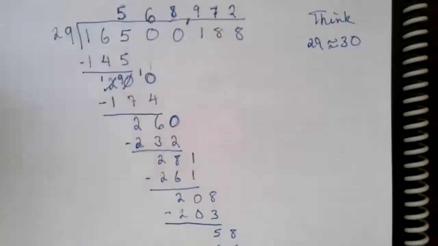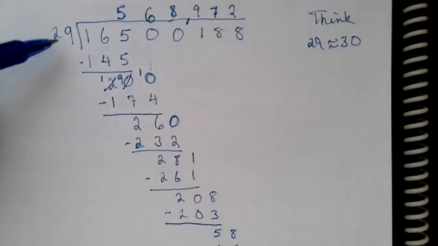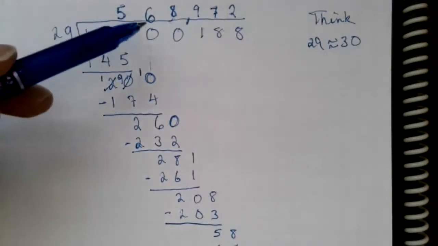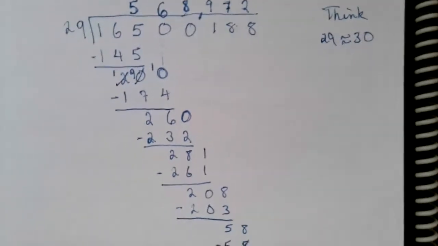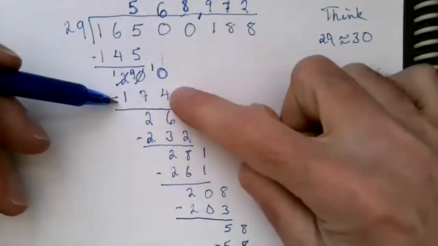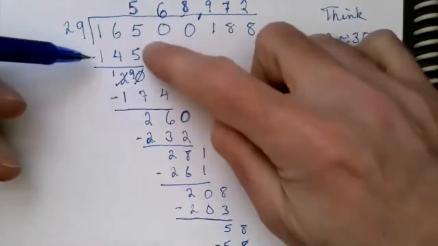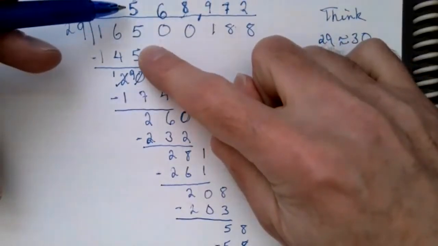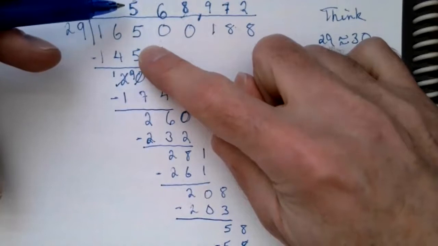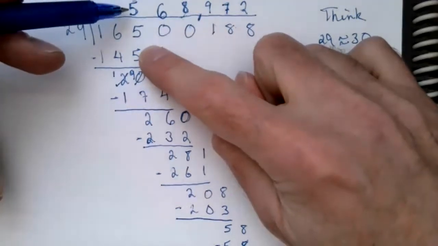Okay, so estimation was essential to figure out what should go up here in those various spots. And it also helped me figure out what to put down here. Because the way we got to 145, we said, okay, 30 copies of 5, we know that's 150.